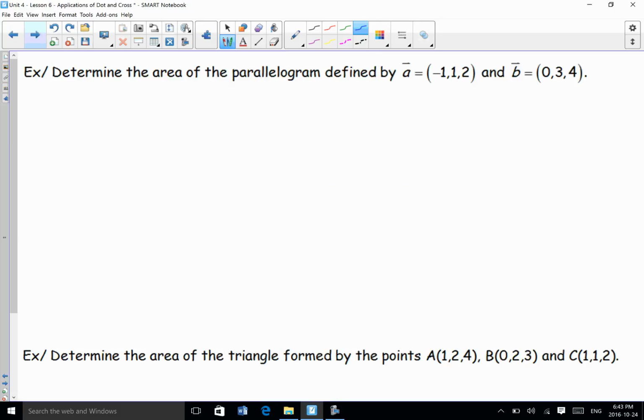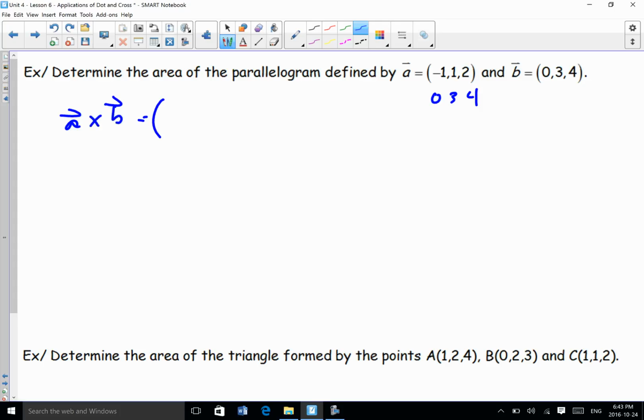So for example, I want to find the area of the parallelogram defined by A and B. First thing I want to do is find my cross product. So we're going to write down A cross B. I'm just going to write them underneath each other, so I'll do the fast way. And we'll do the cover-up method.